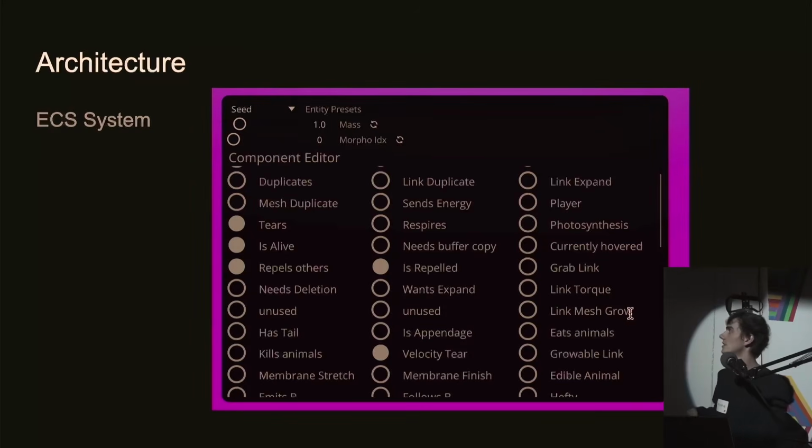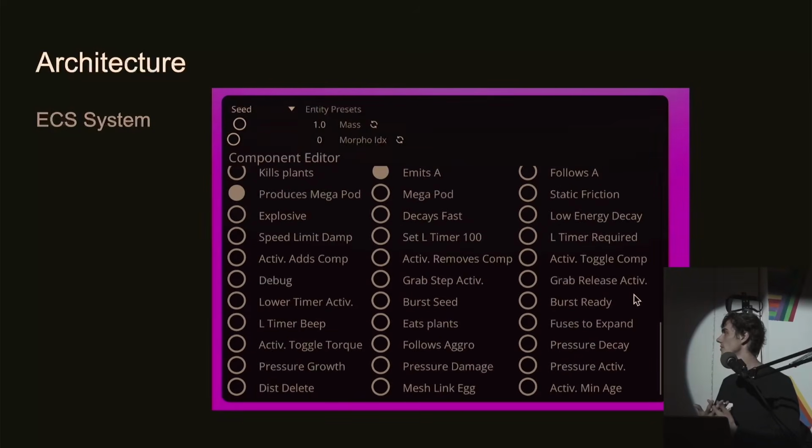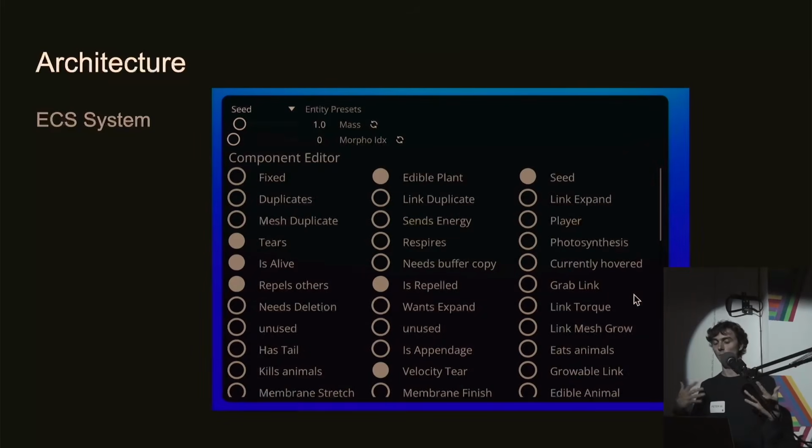So basically the way that this system is implemented, all these behaviors, currently there's 100-something that I've implemented, but they are a bunch of fine-grain behaviors that determine the properties, how each entity updates itself.